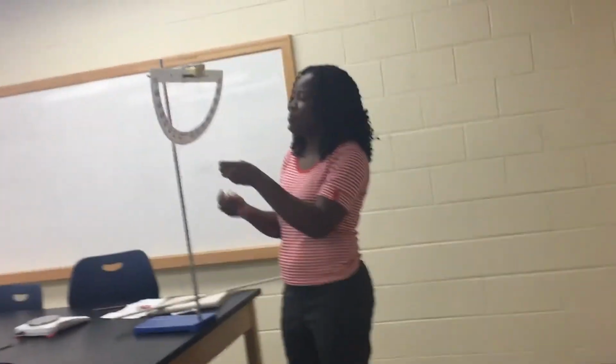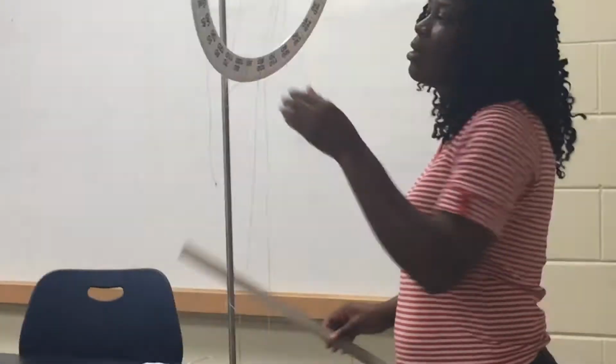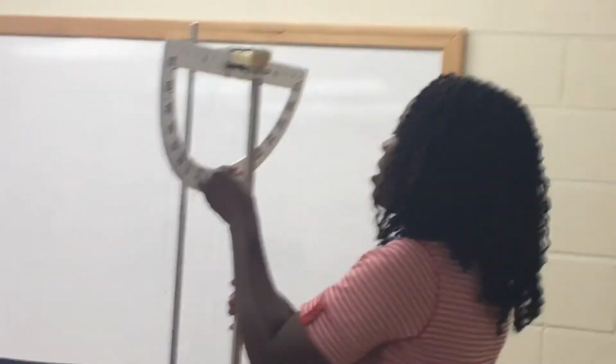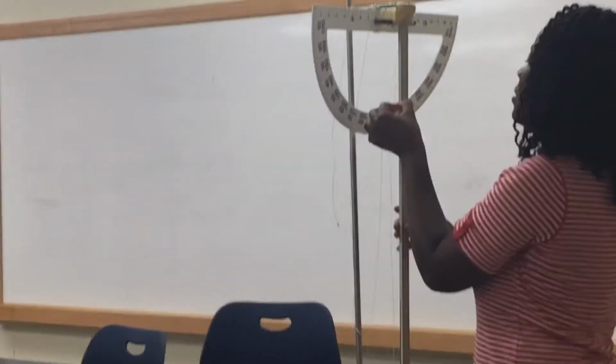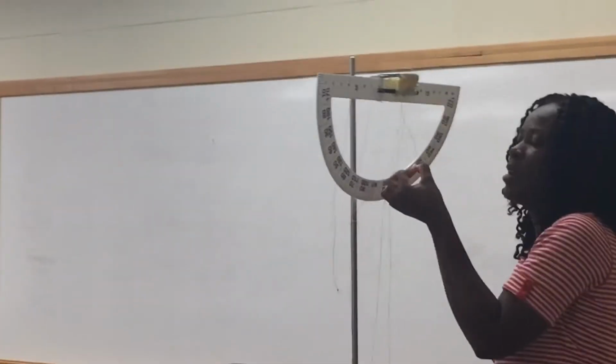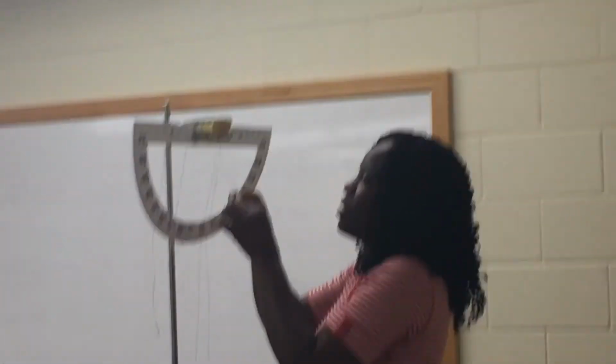All right, so now we are on the final length of pendulum, and the final length of pendulum is 15 centimeters. So I'm going to go ahead and make sure that we have a length that is 15. So here I'm measuring, and right here is 15. So I'm going to tie my cord so that I have the length 15 centimeters.